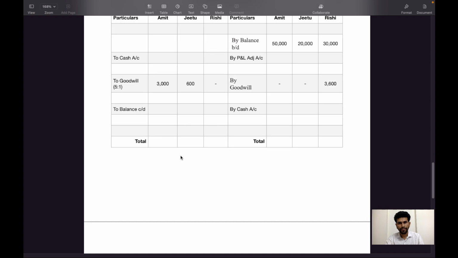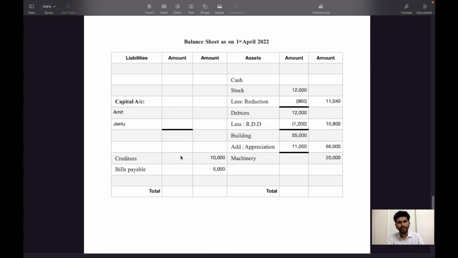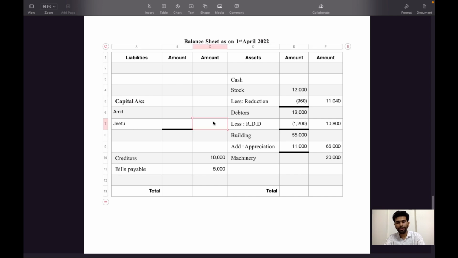So, balance sheet, liability side, capital account of Amit and Jitu, total amount is 1,60,000 rupees, and it will be distributed among both the partners in new ratio, and new ratio is 3:1.